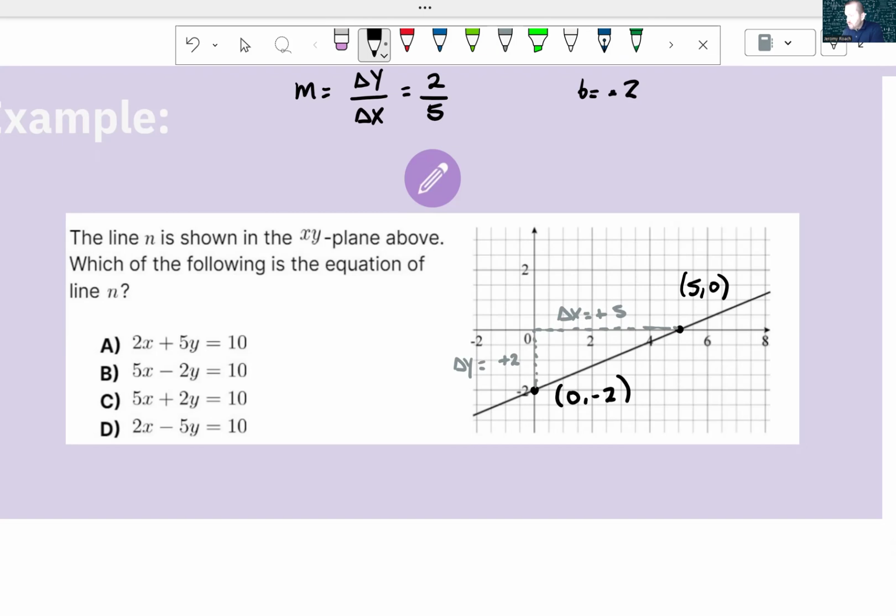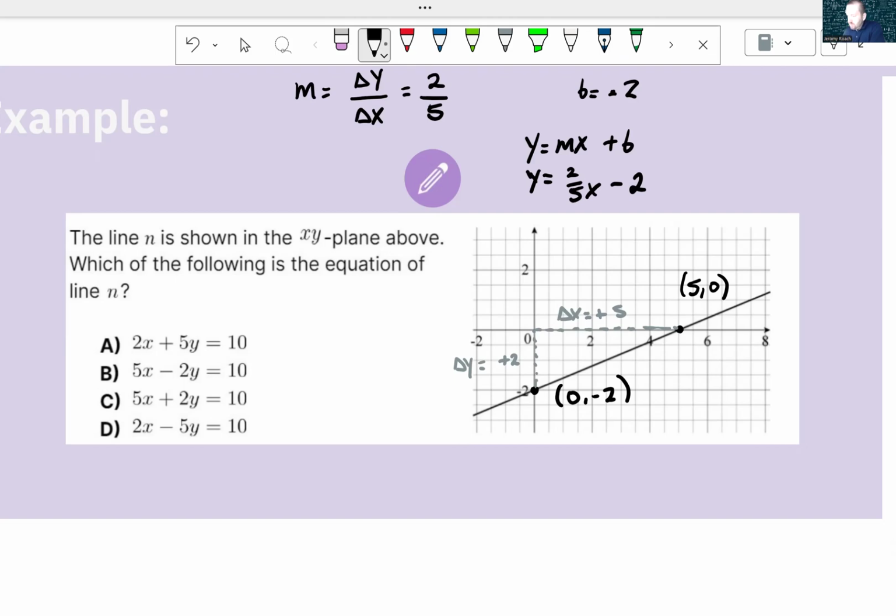B is -2. And if we write this in slope-intercept form, this is y equals 2/5 x minus 2, or plus -2. But now it wants it in standard form. So to write it in standard form, we could just solve it.